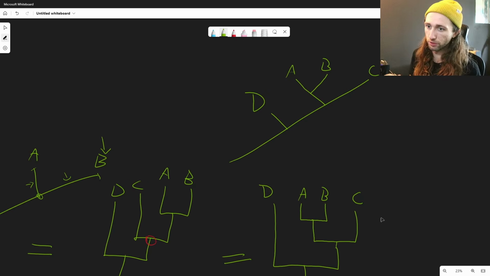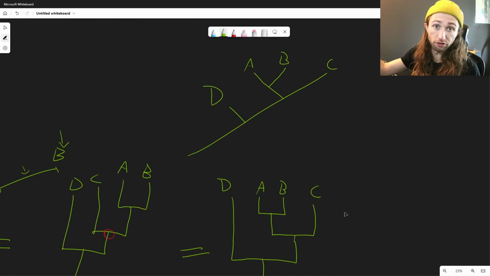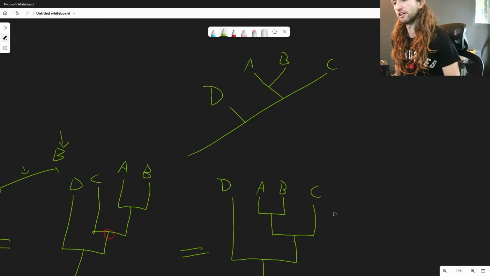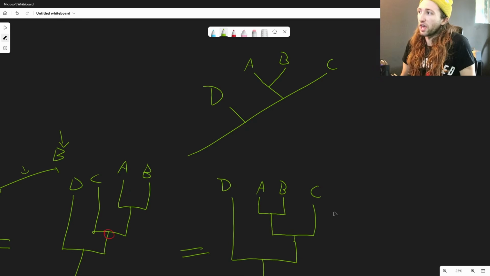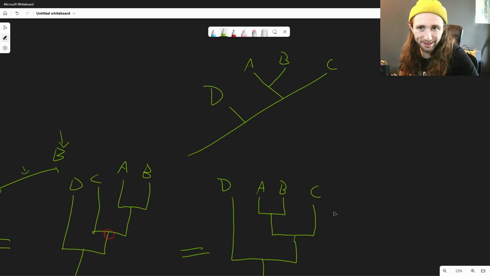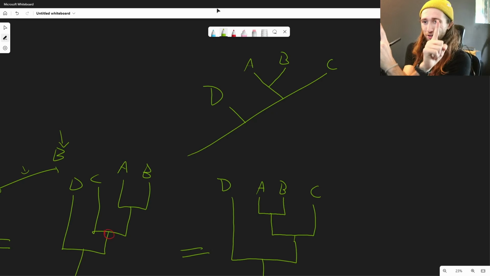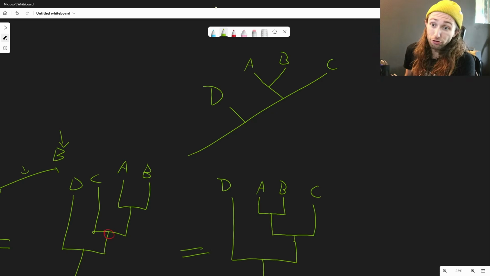I'm not going to go too in depth. Just know that these two phylogenies are the exact same. They say the exact same information, but it's a mistake to assume that whatever is on the most right side of the phylogeny or on the most left side of the phylogeny, if you draw this inverted, is the most advanced. That's not true because of this rotation concept, right?